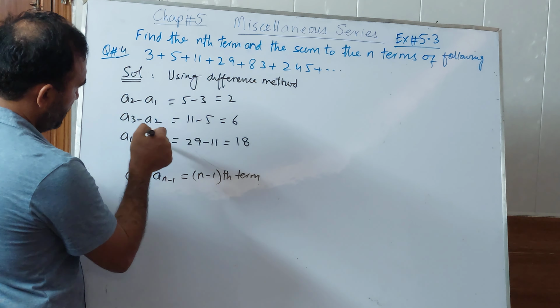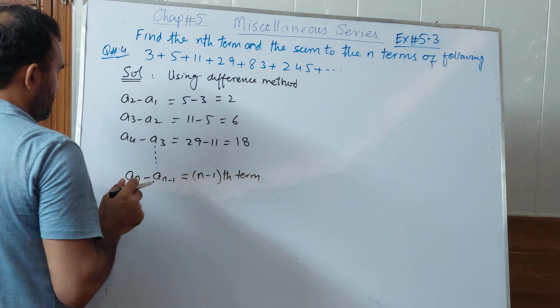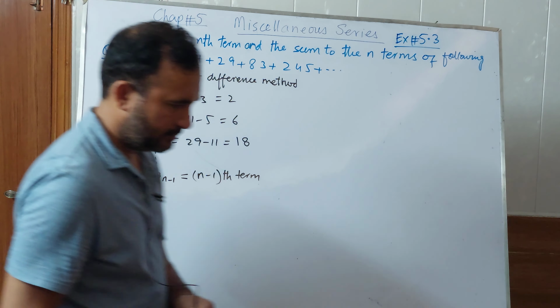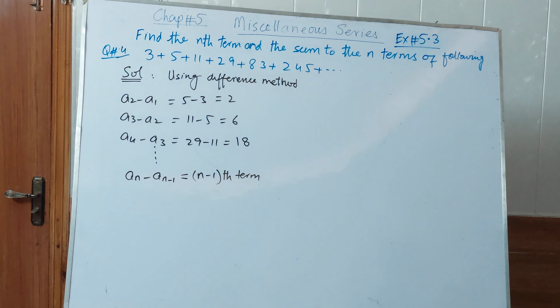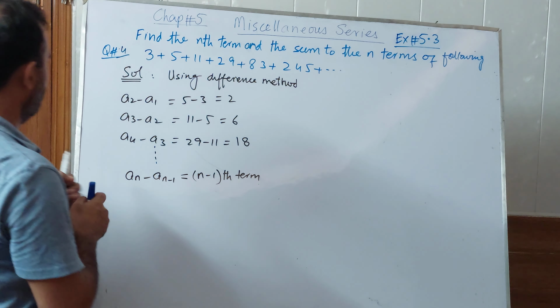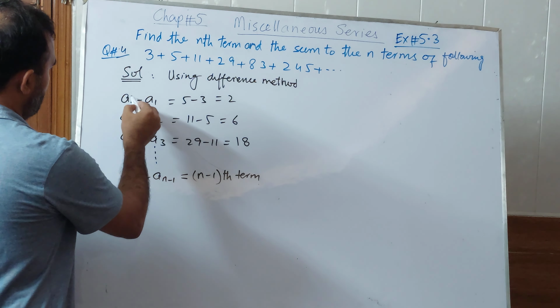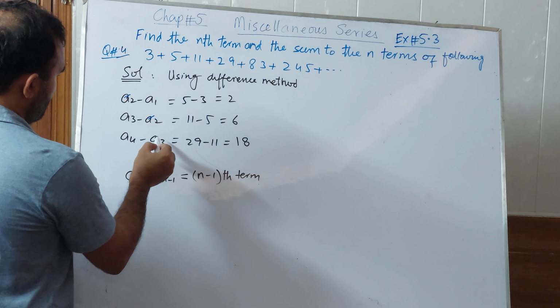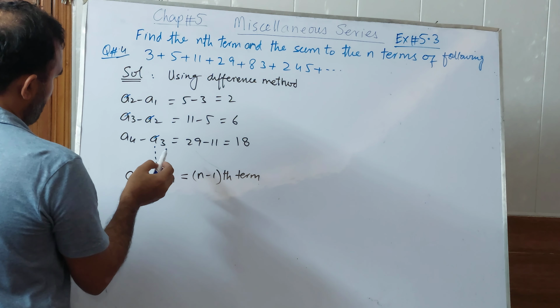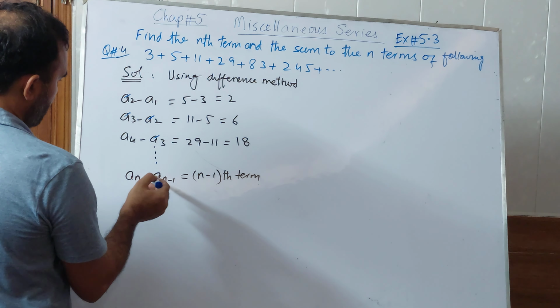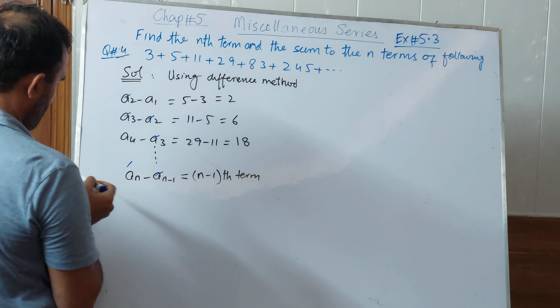Since we are adding them, we can cancel these, right? We can cancel this a2 with this one, because this is minus and this is plus, a3 with a3, and we can cancel this with the term over here.